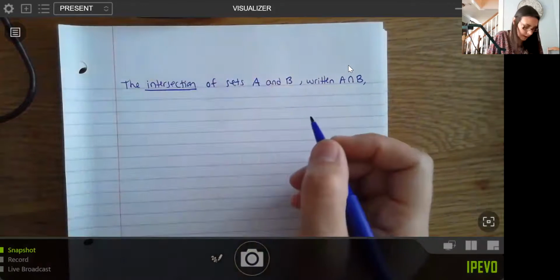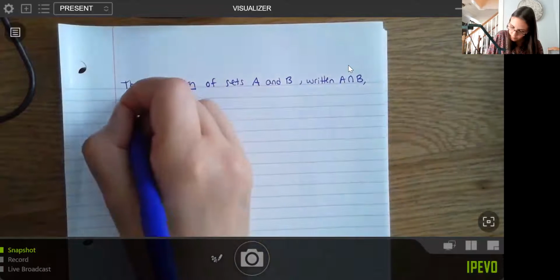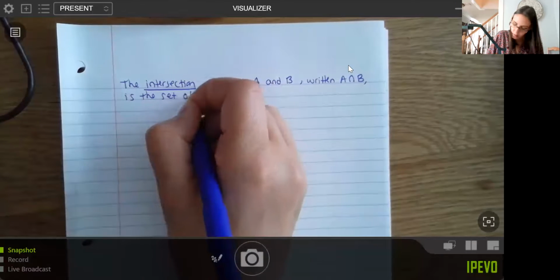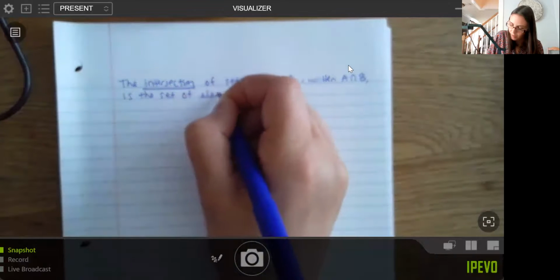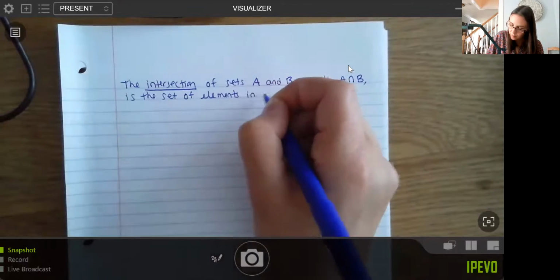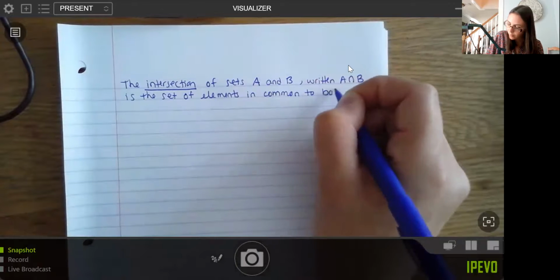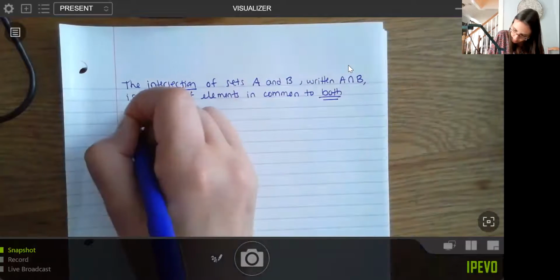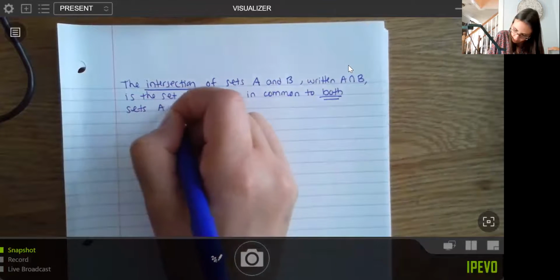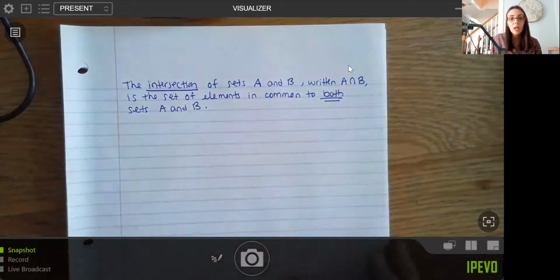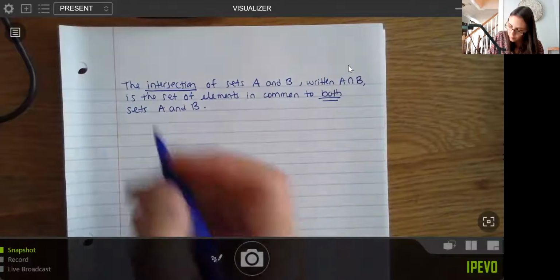And what it is, is the set of elements in common to both sets A and B. Okay, so for instance, let's say I had an example.